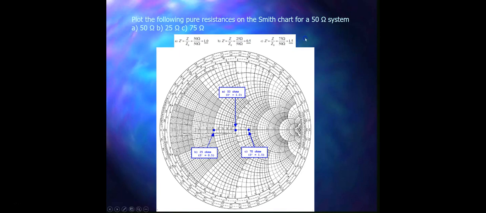So we know that pure resistances are going to be plotted on the real axis, and we know this is the real axis. Let's first see the first case, when this is 1.